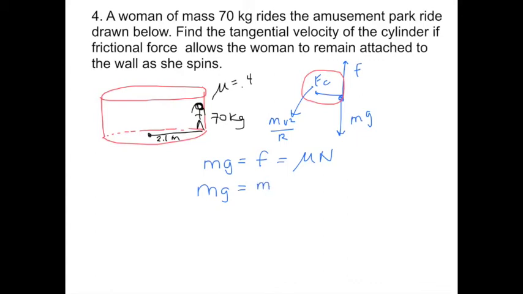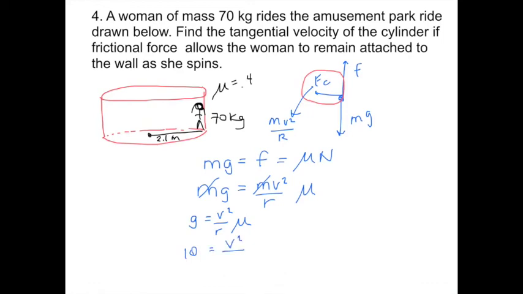So we'll plug in mv squared over r, and then multiplied by mu, which is the coefficient of friction. So we can cancel out the m's because they appear on both sides, so the mass of the woman becomes irrelevant. And now we're left with g equals v squared over r times mu. So we'll approximate g to 10 for this. We're solving for the velocity of the ride.